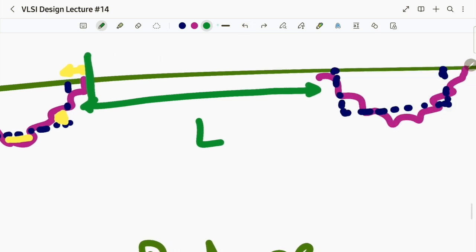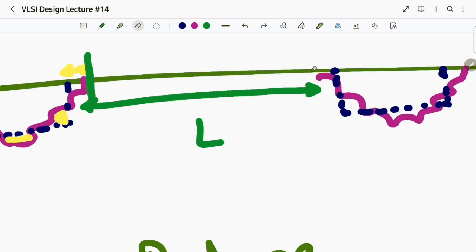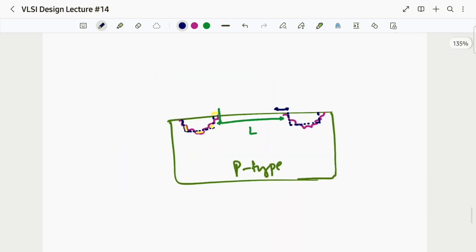And let's suppose on this part it is actually more than 4 nanometer, a little bit extra on the drain side. It might happen because you are bombarding.